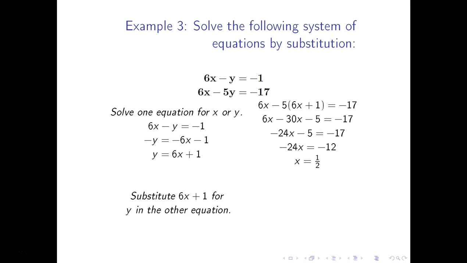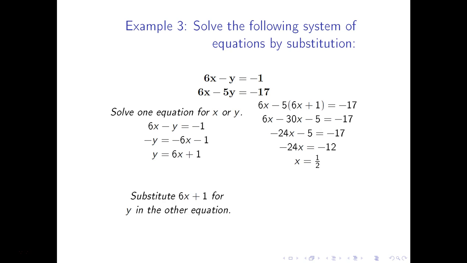If I combine like terms, I get -24x minus 5 equals -17. Add 5 to both sides. Then I divide by -24. Negative divided by negative is positive, and 12 divided by 24 is a half. So x is 1/2.